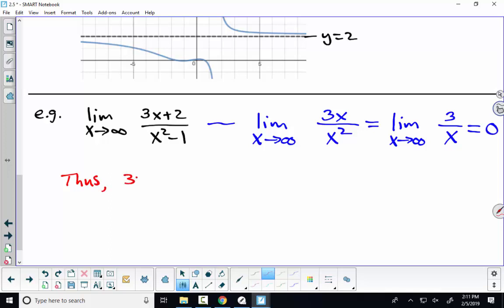So we know the function (3x plus 2) over (x squared minus 1) has a horizontal asymptote at y equals 0.